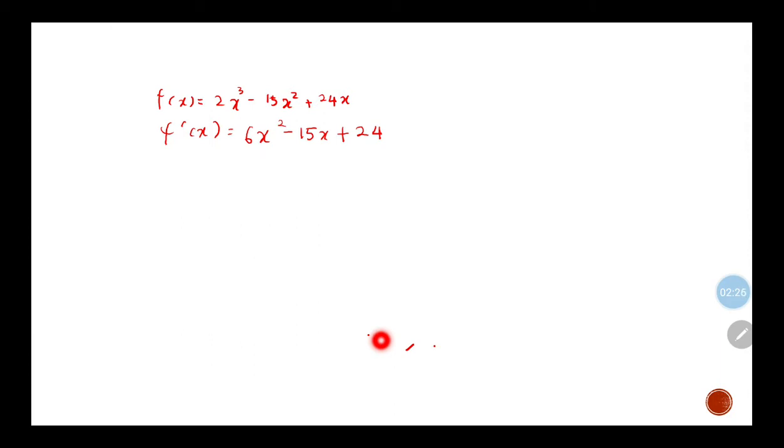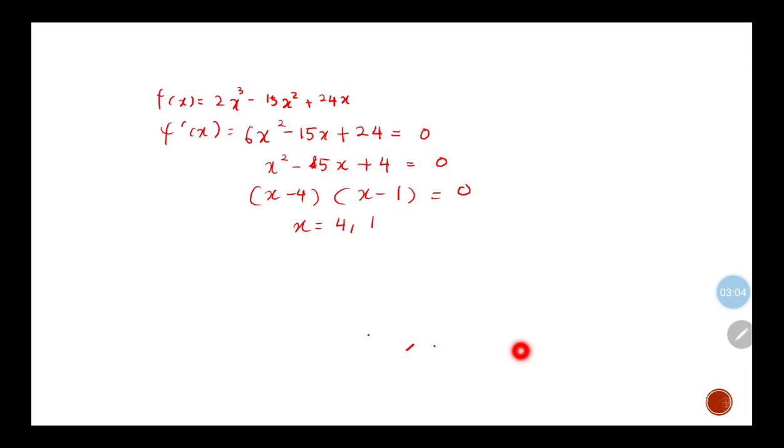And do you remember, to find the critical value we have to make this equal to 0, right? So this can be simplified into x squared minus 5x plus 4 equals 0. So when x equals 4 and 1, these are the critical points for this function.